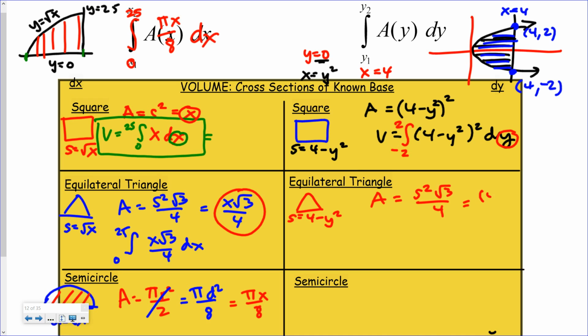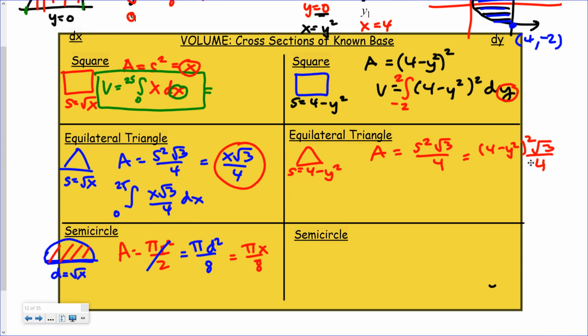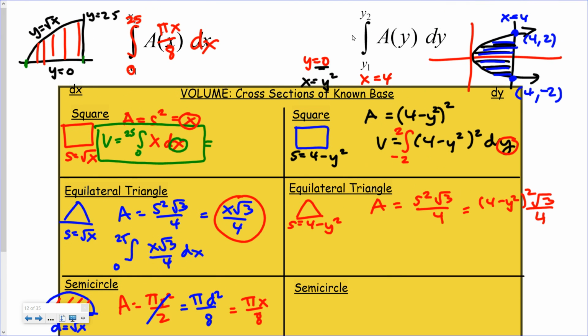Yeah. 4 minus y squared, squared, times the square root of 3 over 4. You'll have to memorize that formula. And then you take this area and plug it into this formula right here. So this is going to be the integral of 4 minus y squared quantity squared times square root of 3 over 4 dy. You see how easy it is?